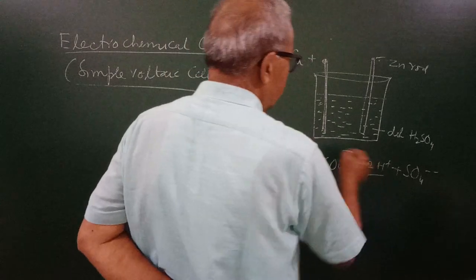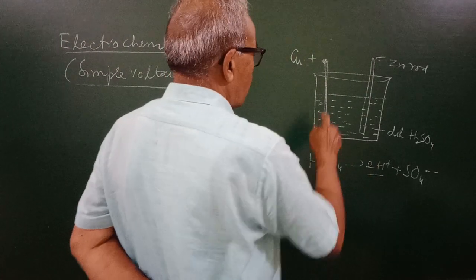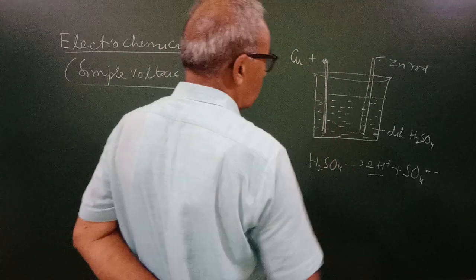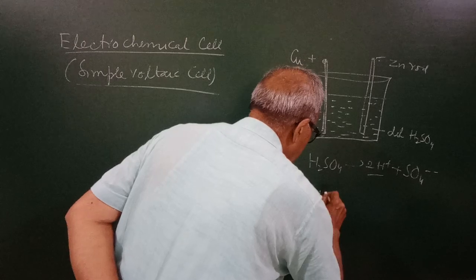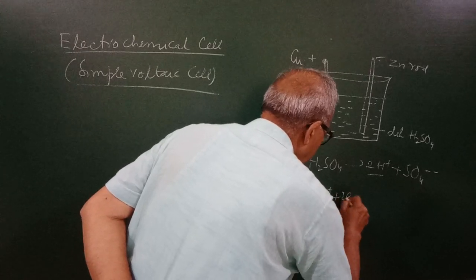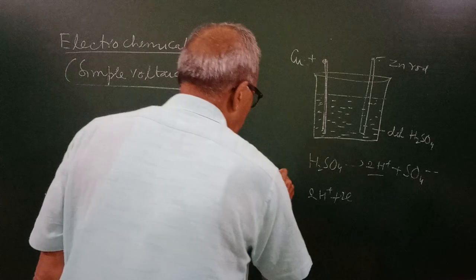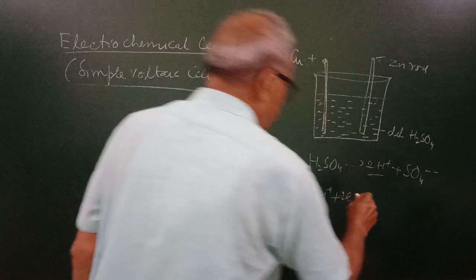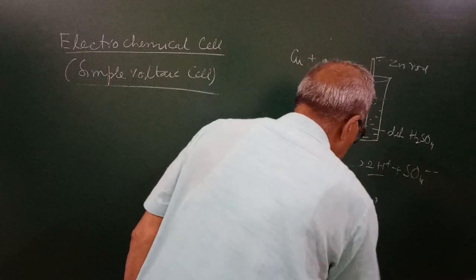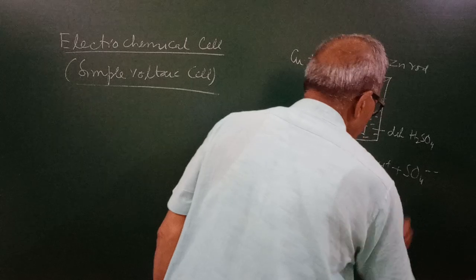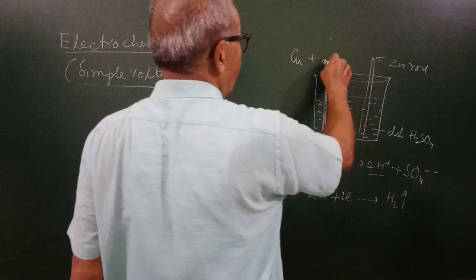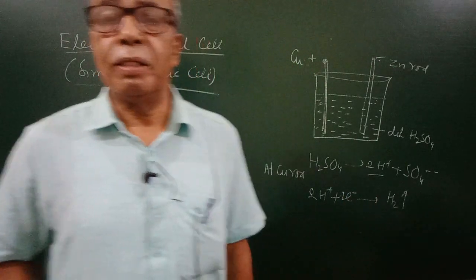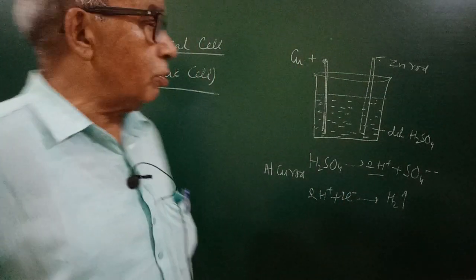H+ ions go to the copper rod, take 2 electrons, 2H+ plus 2e- from the Cu rod, and give H2 gas which comes out, and the rod becomes positive. If electrons are taken from any material, it has a deficit of electrons and becomes positive.